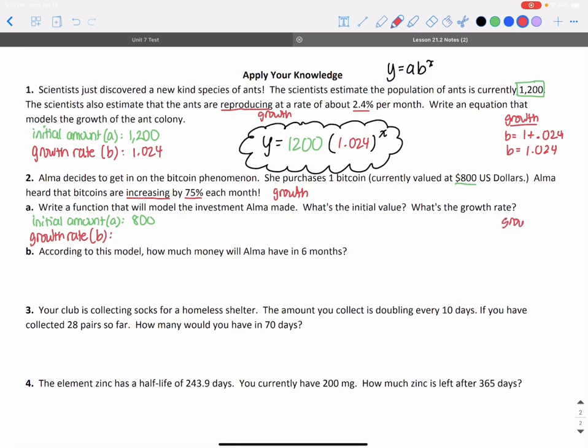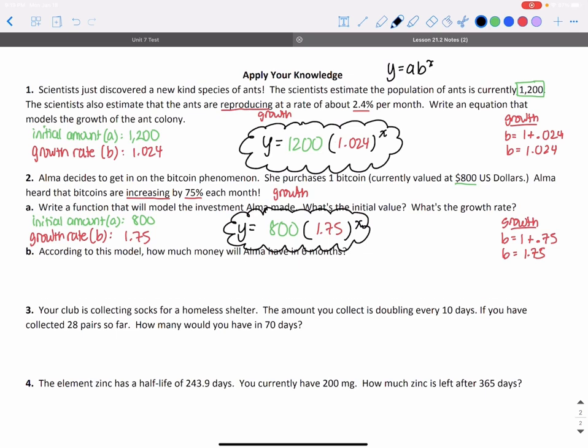So to find the growth rate, I'm going to do 1 plus the decimal form of this percent, 0.75. So I have 1.75 is going to be b. I plug those into my formula, so I have y is equal to 800 times 1.75 to the x power. And this is my formula to represent Alma's investment.